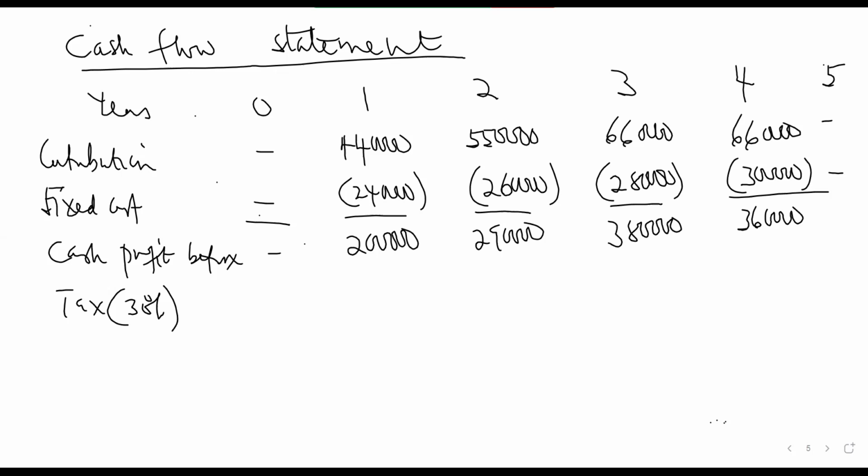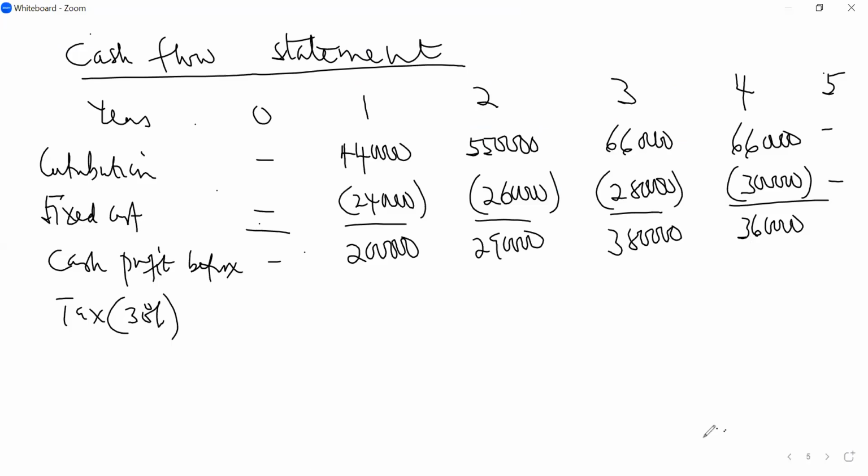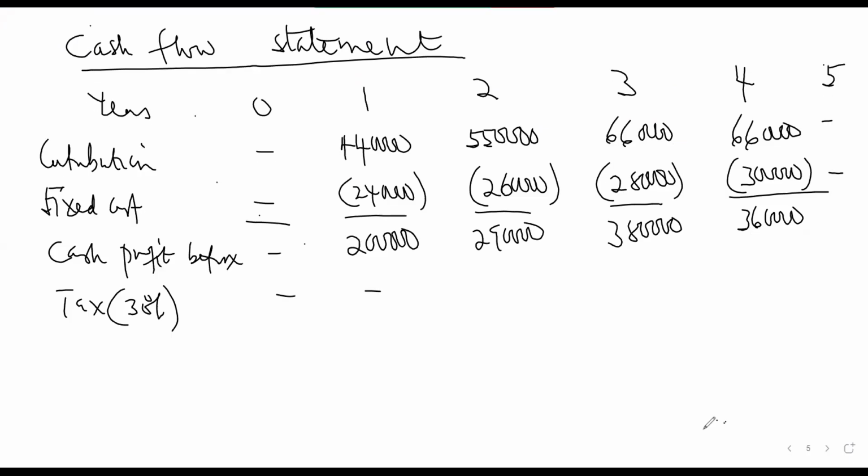Let's look at what they are saying here. They say the company pays tax 1 year in arrears at an annual interest rate of 30%. So it means that the first year's tax will be paid in what? Year 2, in the following year. So this will be 60,000 here.